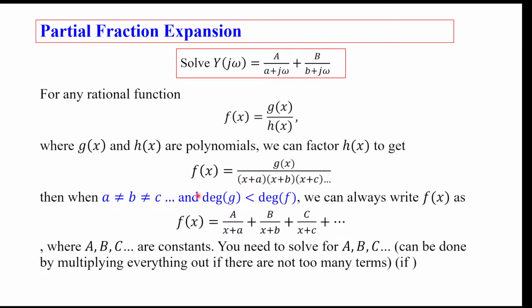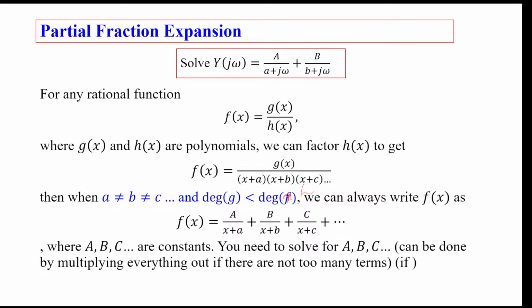If all the roots are different and the degree of g is less than the degree of h (I have a typo here), then we can write this partial fraction expansion.